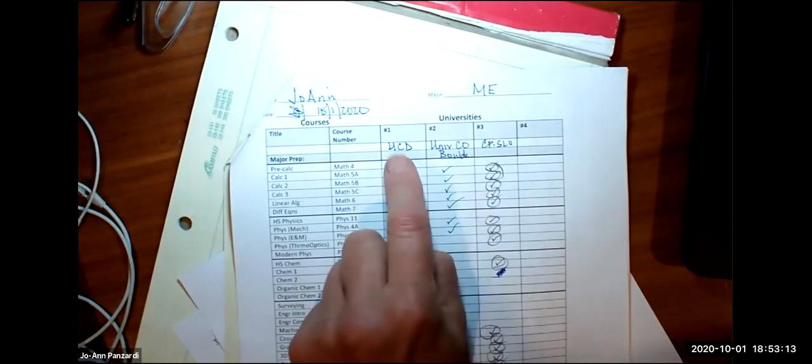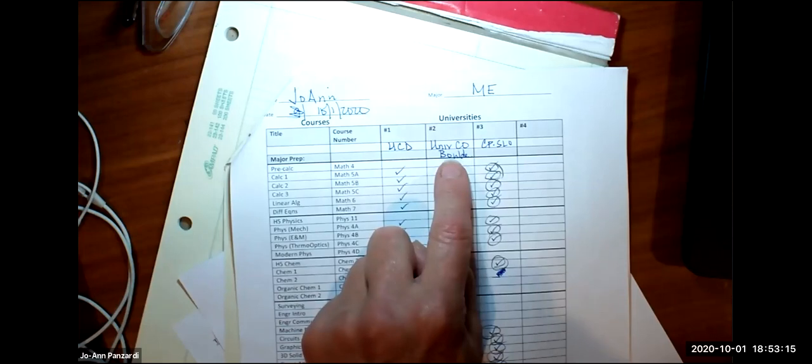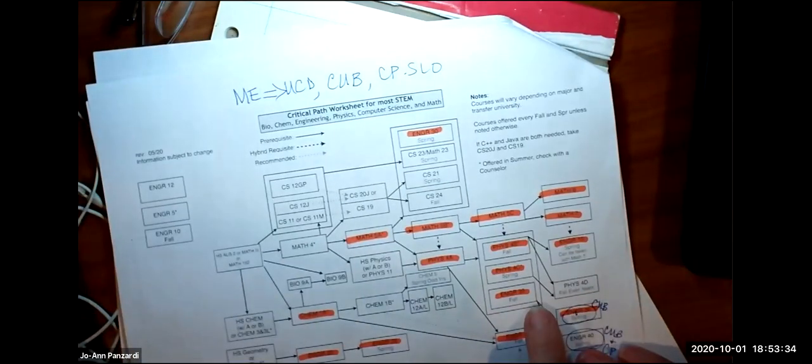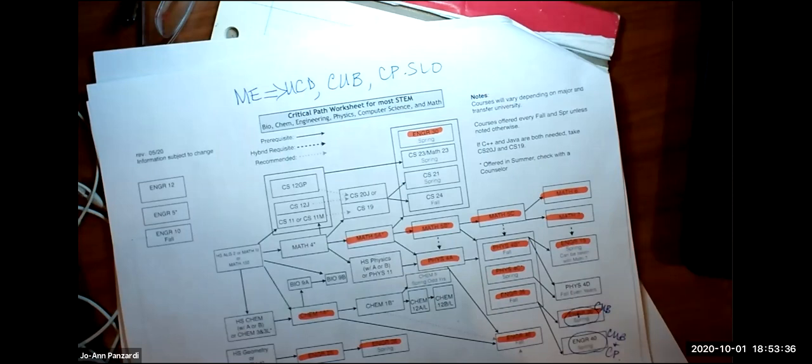Then I used Assist and Boulder's website to check off all the courses I needed to take at Cabrillo before I transfer. Then I highlighted on this sheet what courses I needed. At that point, come see me and I can help you make up your schedule.